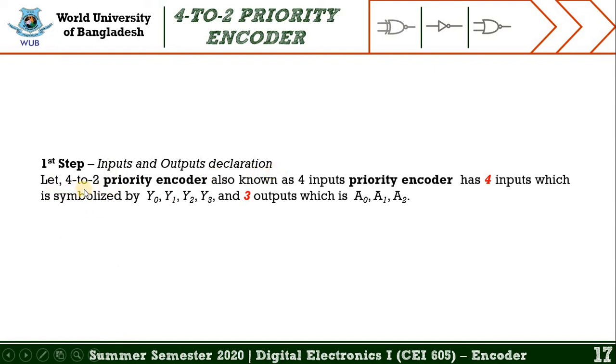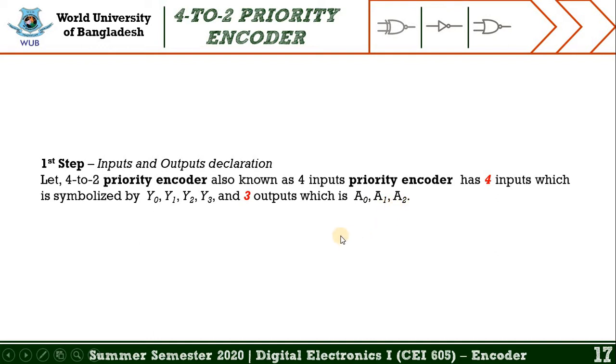The 4 to 2 priority encoder, also known as 4 inputs priority encoder, has 4 inputs, which are symbolized by Y0, Y1, Y2 and Y3, and we have already known that this type of encoder has 3 outputs, which are symbolized by A0, A1 and A2.